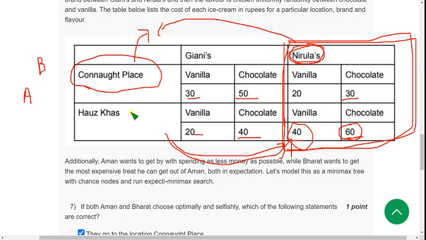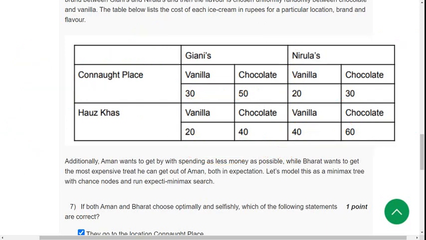And next, first of all we have chosen maximum, right? In Bharat's case. Next we have chosen minimum. So I think next we will choose the maximum again. So the final expenditure is maximum. In Connaught Place, I will rub all this and show you again. So finally they will select this one, right?